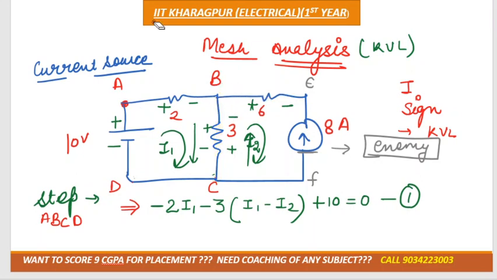We'll make one equation directly from the current source. If the current source is in the corner wall, then there is a single current flow. If the current source is in the middle wall, then there will be double current flow. As you can see, the 8 ampere is in the corner wall, so there is a flow of single current. Now you can see I2 and 8 ampere, are they moving in the same direction or in the opposite direction?